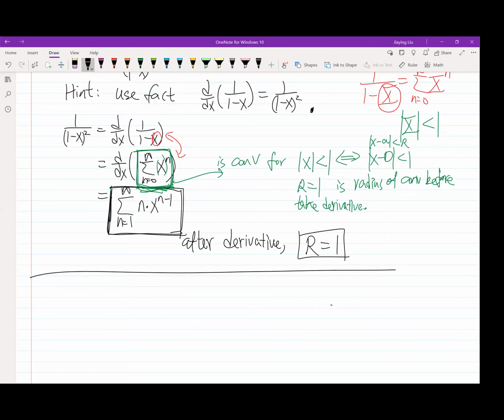But the lowercase r, the ratio of a geometric series, is equivalent to x in this case, which is less than 1 if you add the absolute value. But when we talk about radius of convergence, we talk about capital R in the inequality |x minus a| less than R. This R is what we call the radius of convergence.